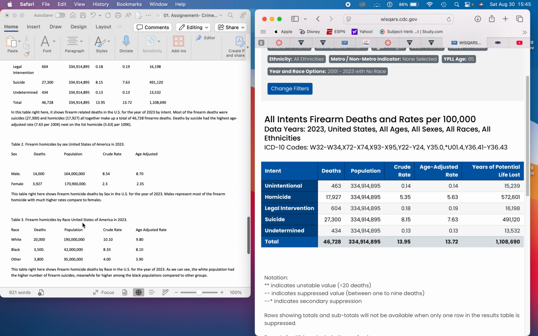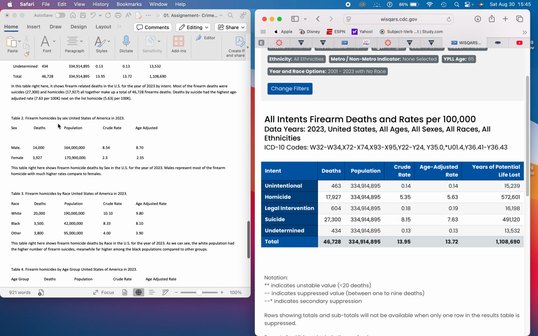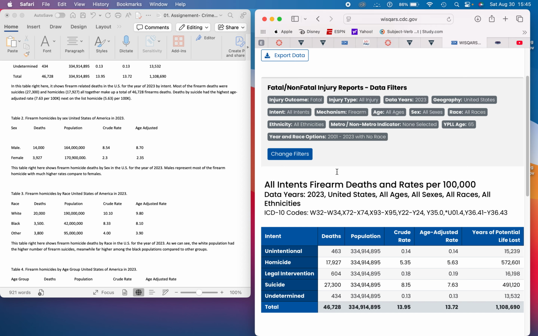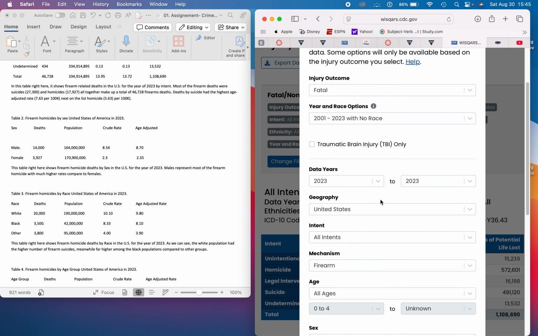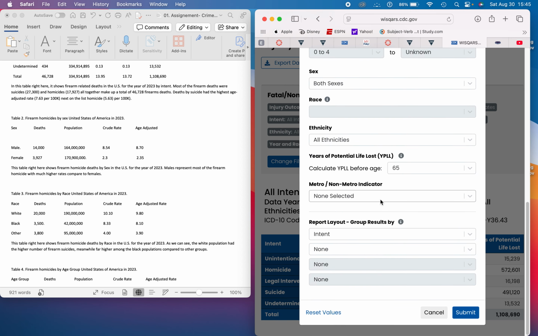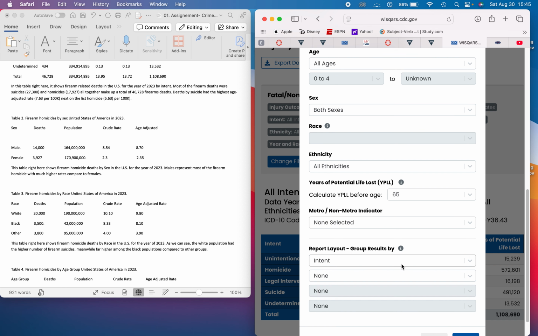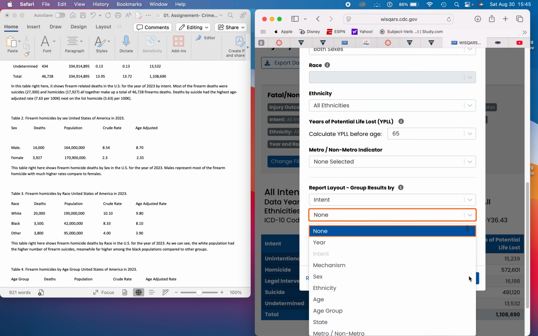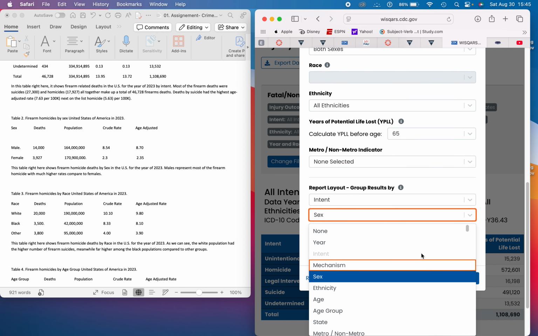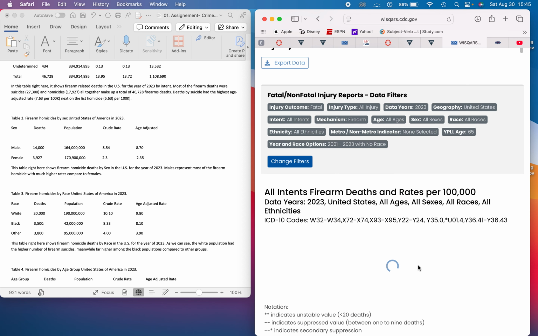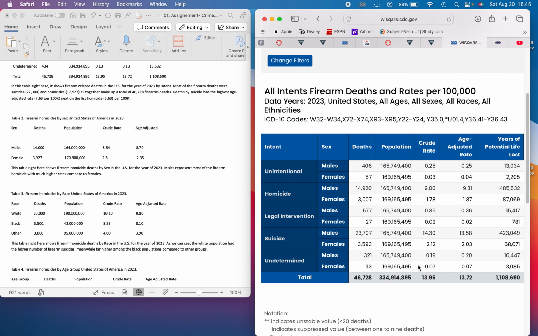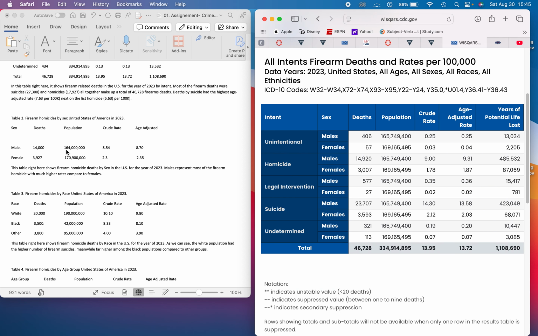And for table 2, which is firearm homicide by sex in the United States, all we have to do in the filter is change the intent, this intent right here, from none to homicide, and we submit it, and we're going to get the sex right here. As you can see, all the homicides, 14,000.